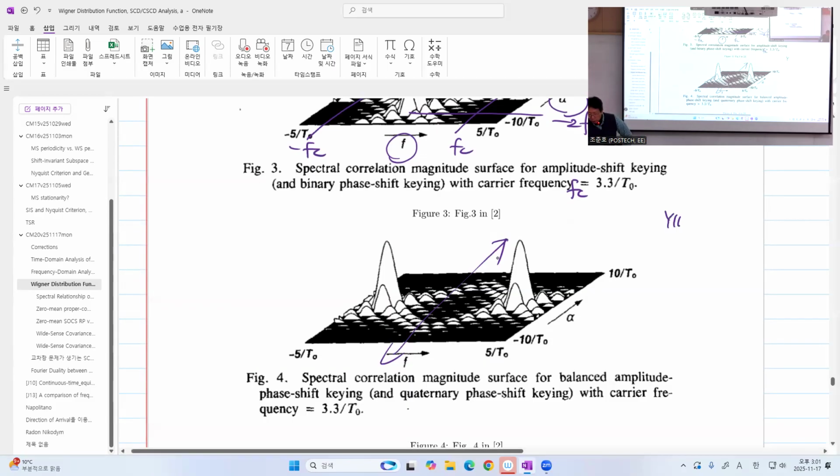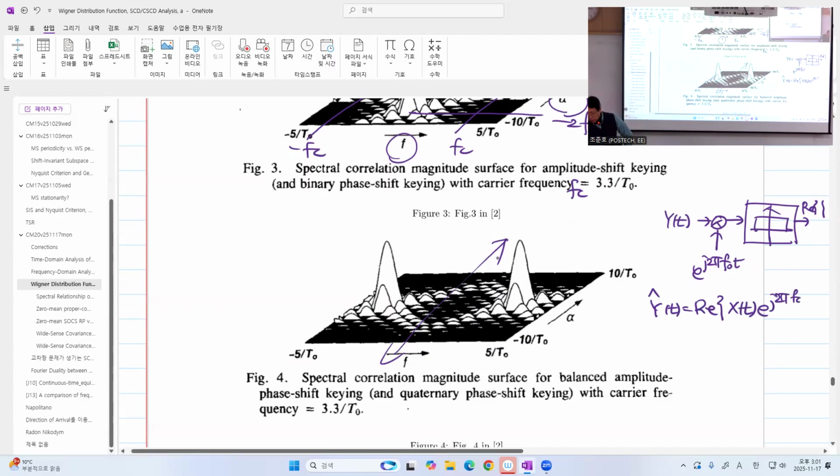So for example, you have y of t, and you may handle some y hat of t that is the intermediate frequency version of y of t.